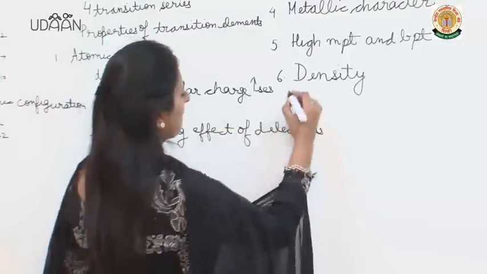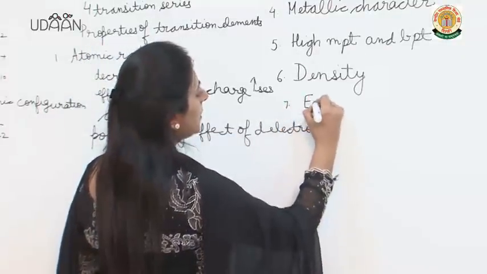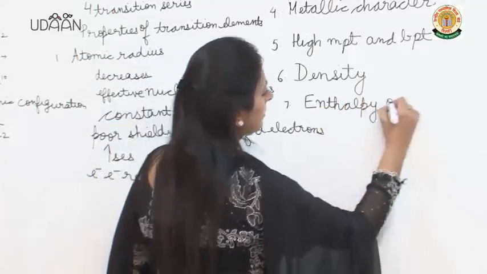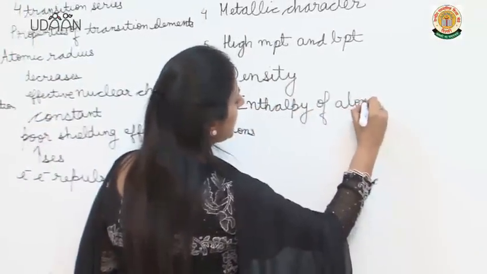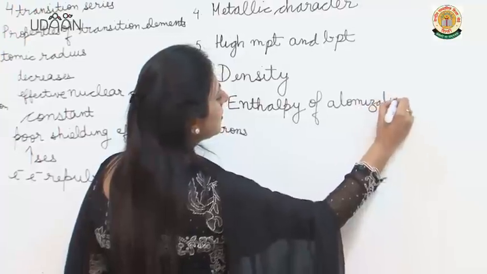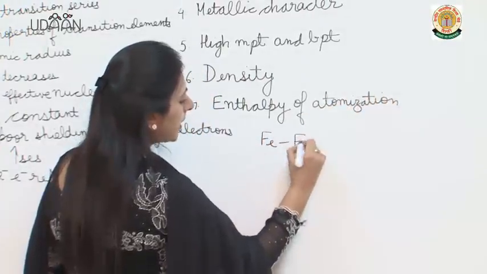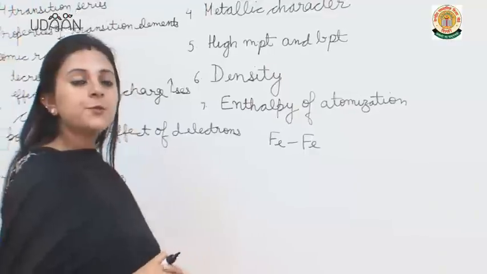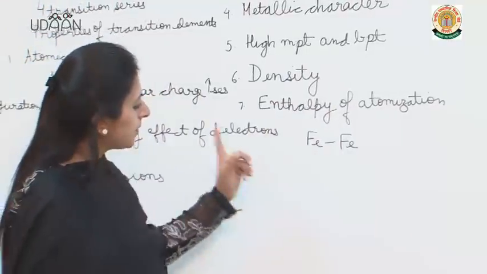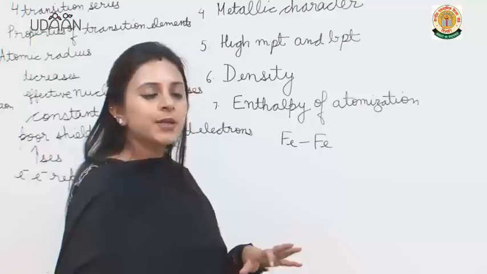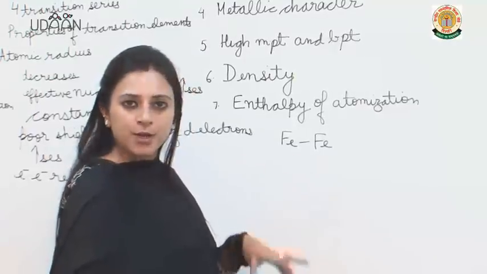Now enthalpy of atomization. Now what is enthalpy of atomization? It is the, like if I talk about iron-iron bond and if I have to break this bond and I have to separate these two atoms, तो मुझे जो एनर्जी सप्लाई करनी पड़ेगी that is known as enthalpy of atomization.